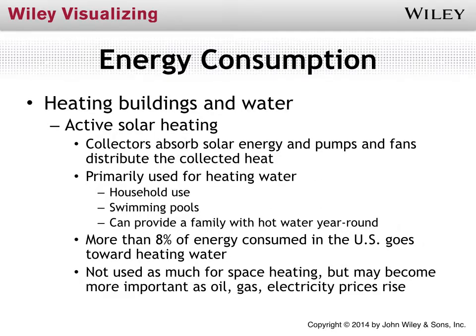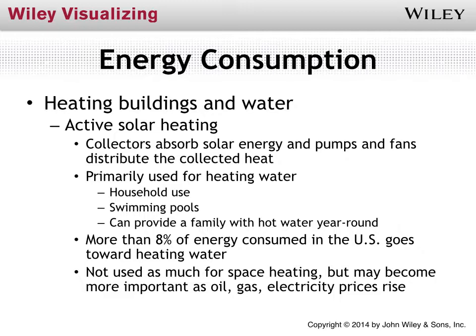So active solar heating involves basically collectors that absorb the sun's energy and then a series of pumps and fans that distribute that collected energy as heat that then is circulated through the house. And typically right now that's used basically for heating water.